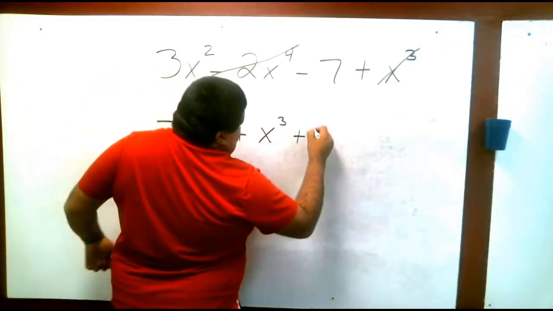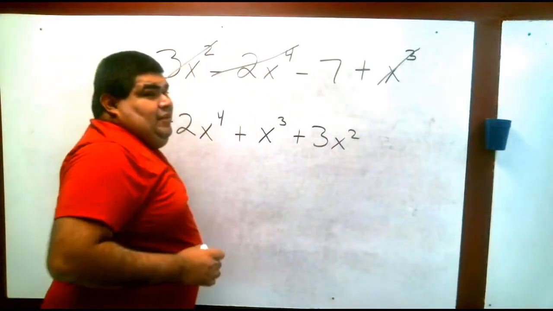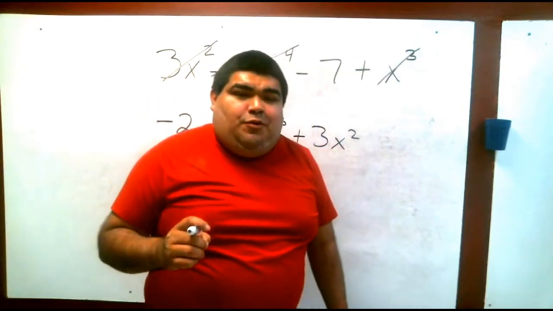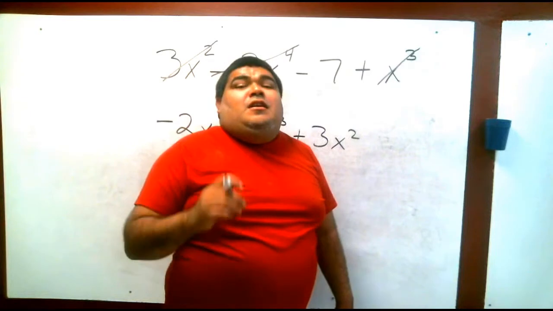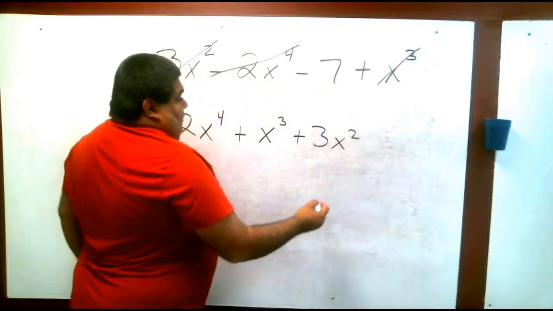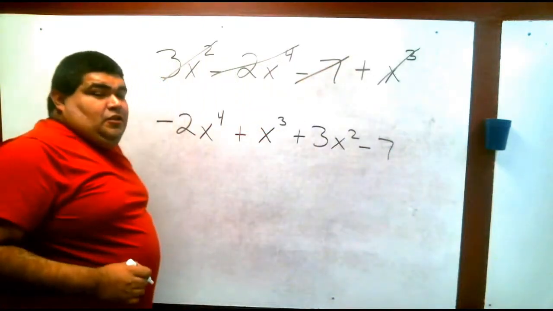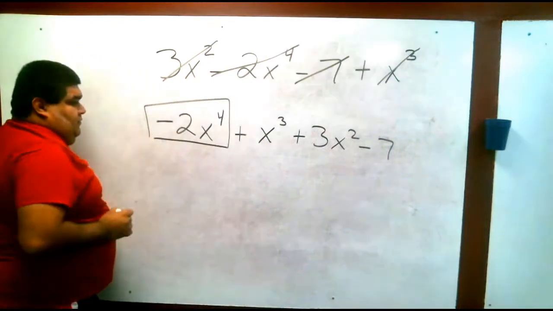And finally, if it doesn't have a variable, remember that the name of that is a constant. The constant always goes at the end of your equation. Minus 7, which is a constant. So the leading coefficient here is at the front.